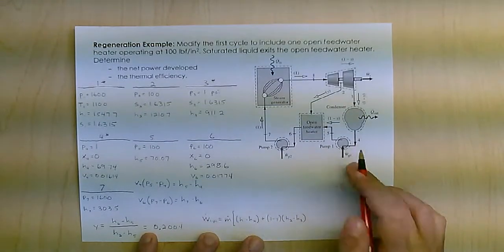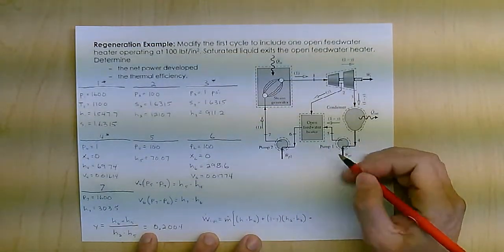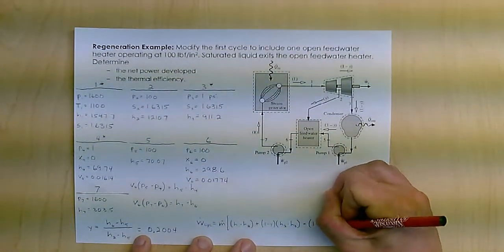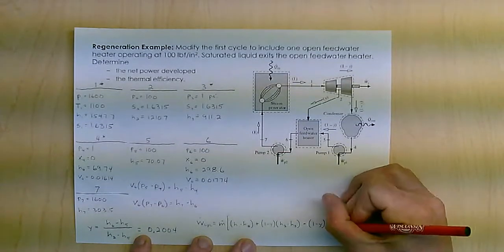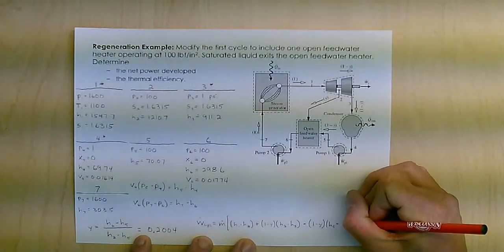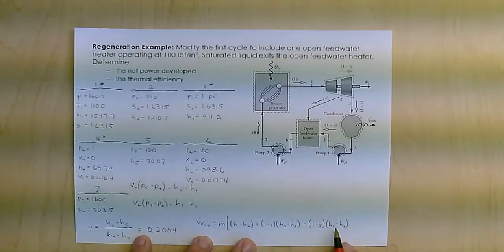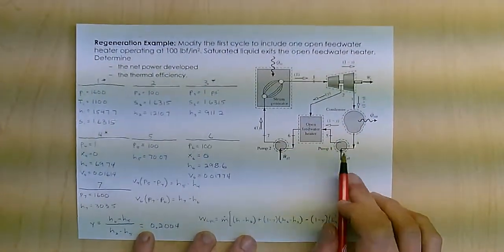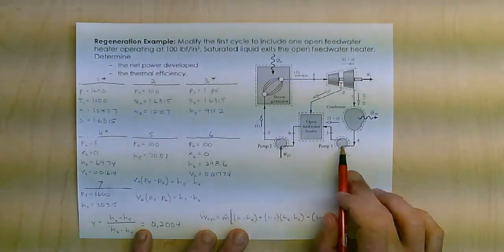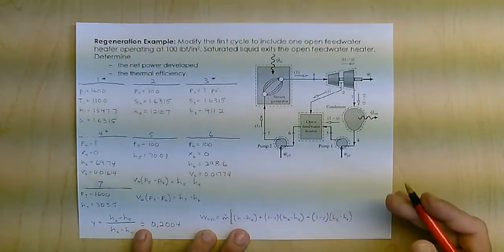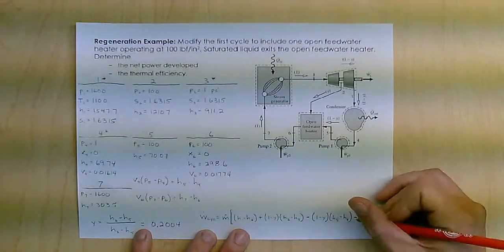Then I have to subtract off the pumps. The first pump only has 80% going through it, and that's going to be H5 minus H4. So I take 80% times that change in enthalpy. And then 100% goes through this pump, but I'm subtracting that off too.